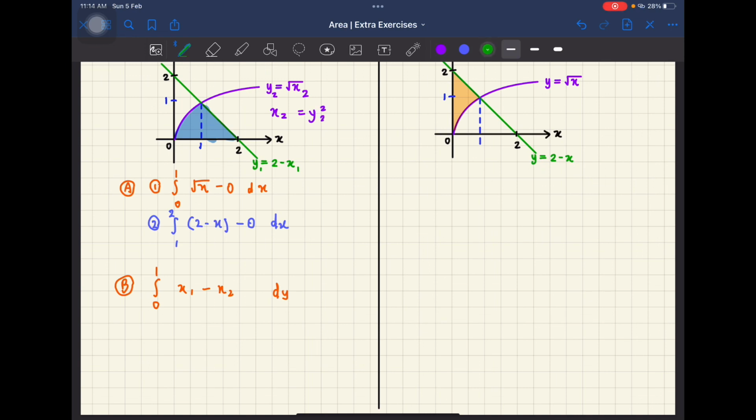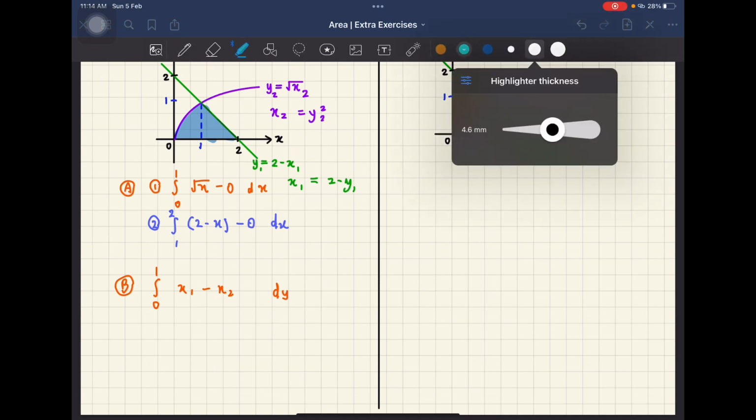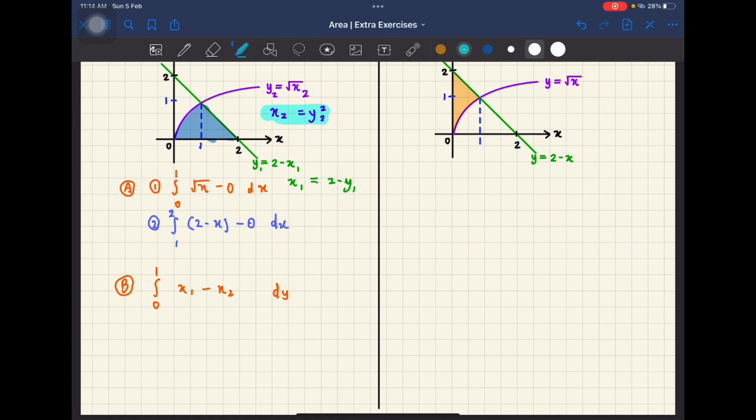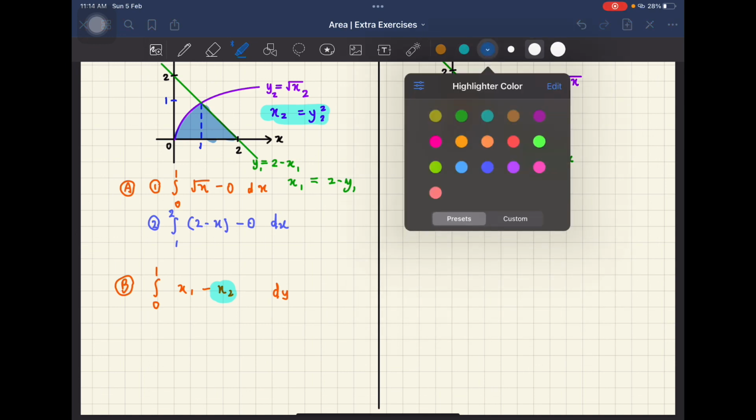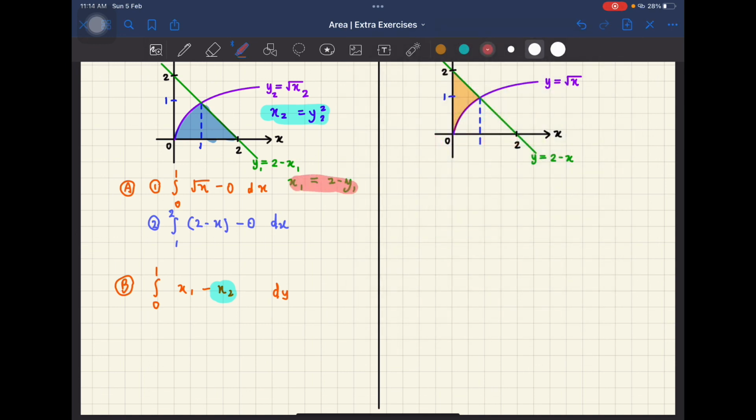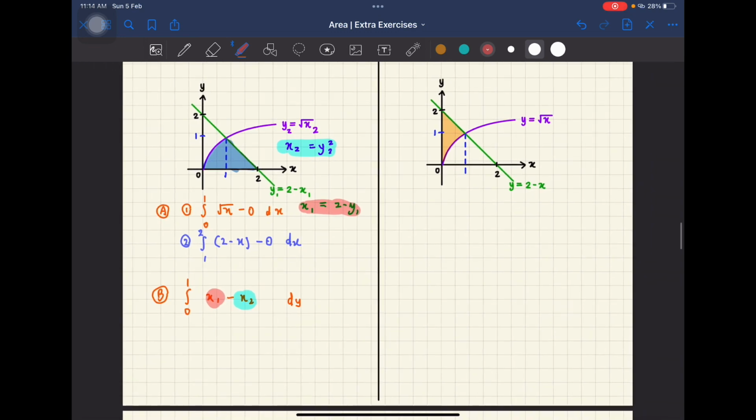Okay, and then for the green one you will get x1 is equals to 2 minus y1. Okay, so kita akan masukkan this function. So we are substituting this function into this one. Okay, sebab dia duduk dekat kiri. Okay, and then another function. Let me use merah. So yang ini kita masukkan dekat sini. Okay, so dapatlah gunakan konsep kanan tolak kiri. Yes, baru betul. Okay, so itu adalah yang example tadi lah.